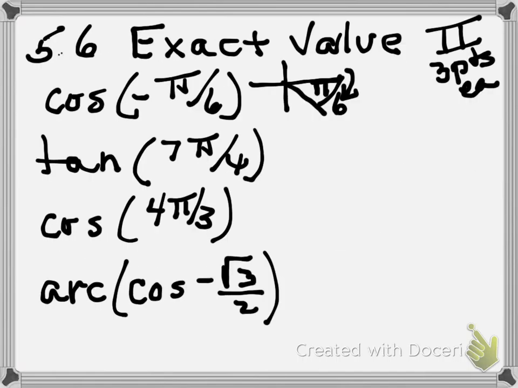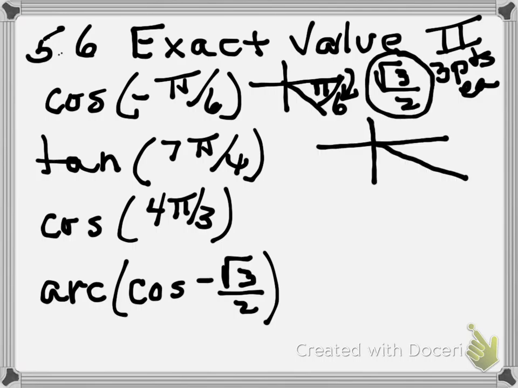Cosine is positive. So now you're saying, what is the cosine of 30 degrees? Radical 3 over 2. All right, so for 7 pi over 4.